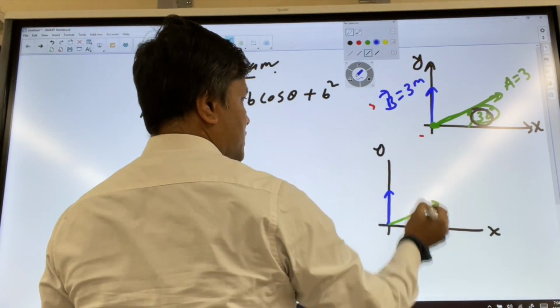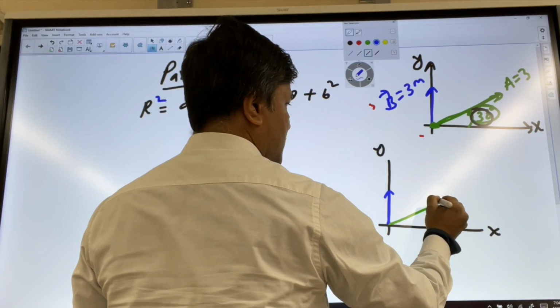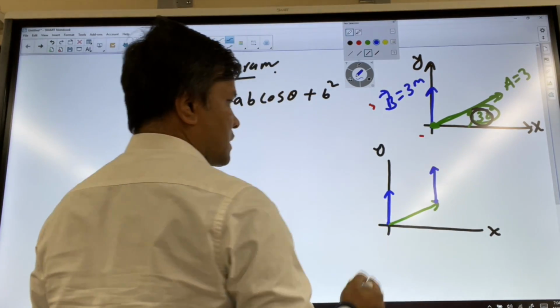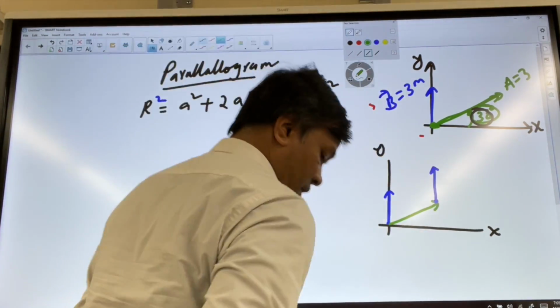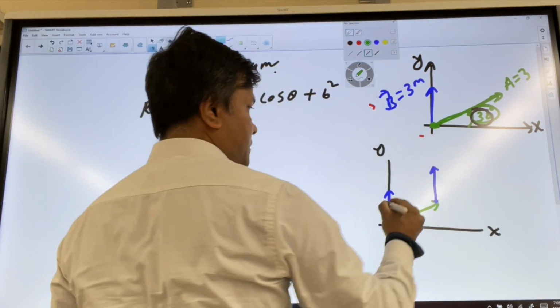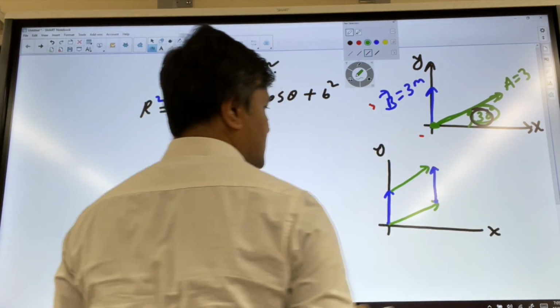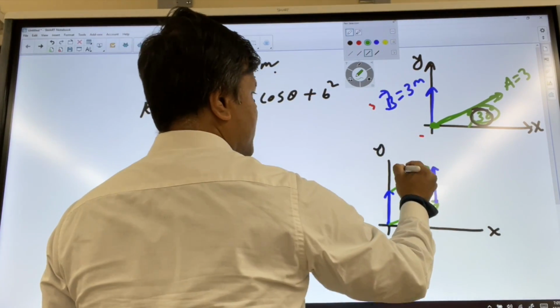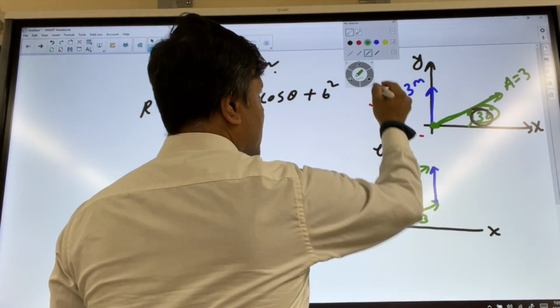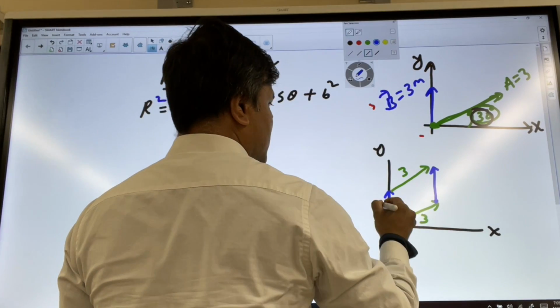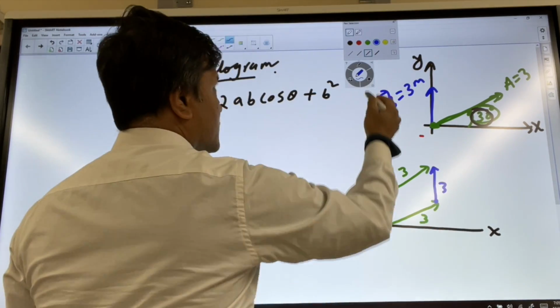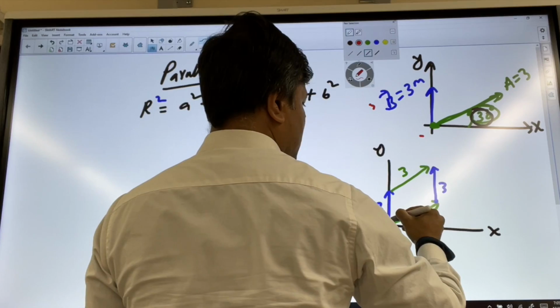So let's draw the vector B on top of vector A, and let's draw the vector A without changing the direction. Okay, so we have 3, 3, 3 and 3. So the resultant would be this one.